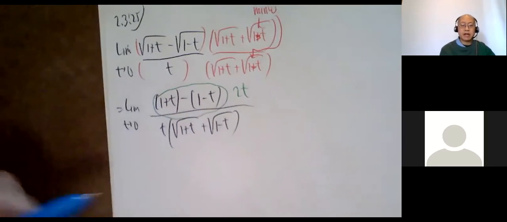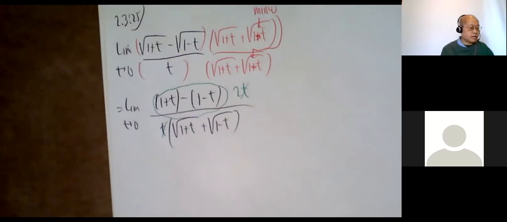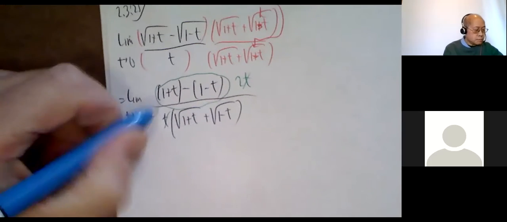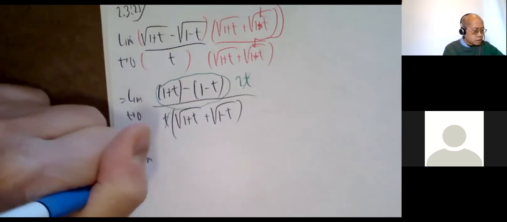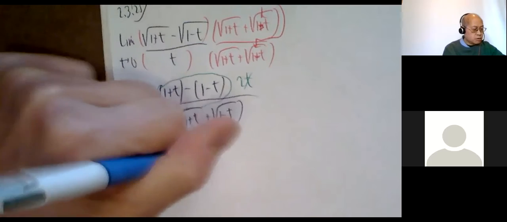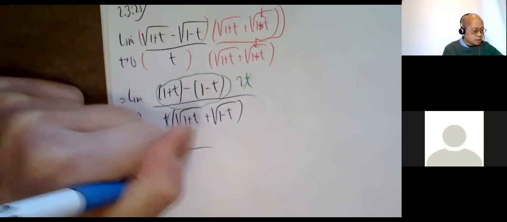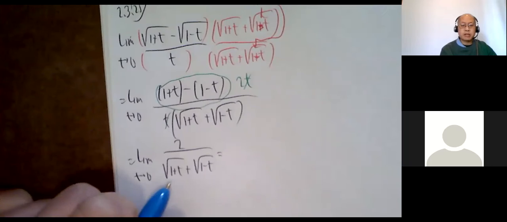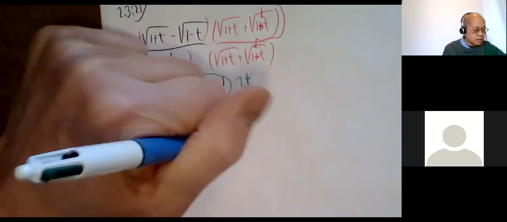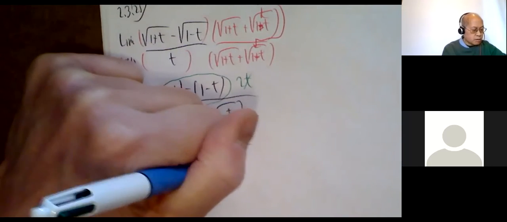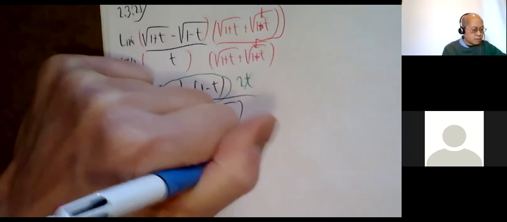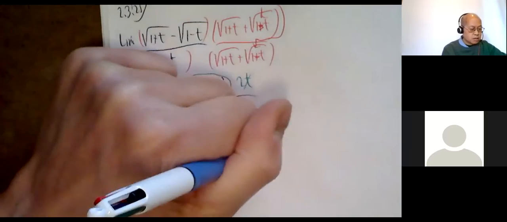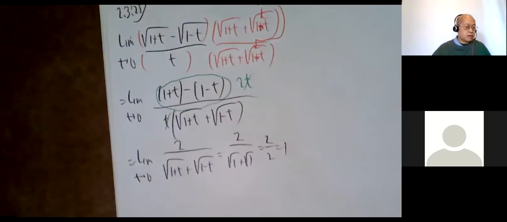You have t minus a minus t, and that t is going to cancel that t. So the limit as t approaches 0 of 2 over radical 1 plus t plus radical 1 minus t. Now I plug in 0 here and a 0 there, and that's easy. So 2 over radical 1 plus nothing plus another radical 1 plus nothing. So that's 2 over 2, or 1.